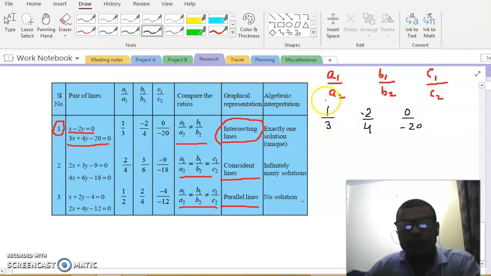You see the very first two ratios, they are not equal. If they are not equal, just check which condition is going to be satisfied. In the very first condition, where a1 upon a2 does not equal b1 upon b2, the lines are intersecting.